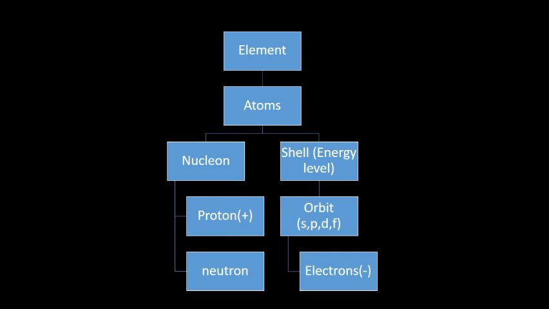Now, there are many scientists that contributed to the development of where the electron is in an atom before we could finally establish the structure of an atom to be planetary in nature.